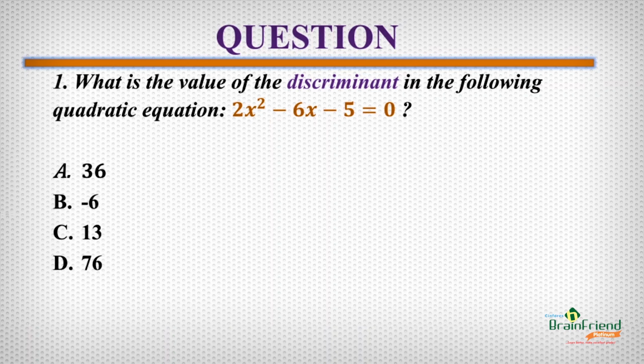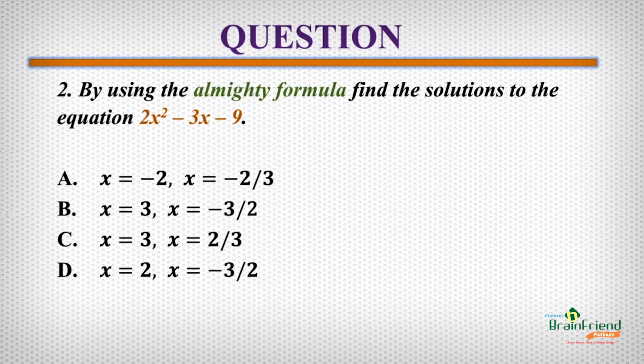The answer is D. Question 2. Using the almighty formula, find the solutions to the equation 2x² - 3x - 9. The answer is B. x is equal to 3 and x is also equal to -3/2.